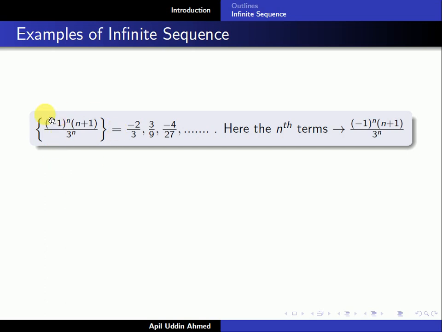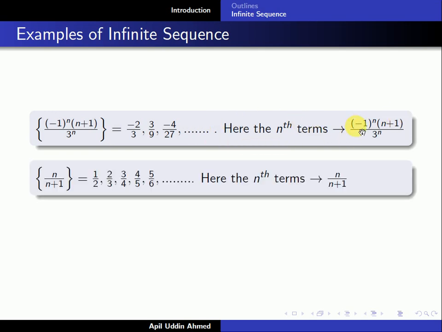If we put n equal to 1 we get minus 2 by 3, if we put n equal to 2 we get 3 by 9, and so on. Clearly this is an infinite sequence in which this is the first term, this is the second term, and this is the third term, and so on. And here the nth term is this one, called the nth term.